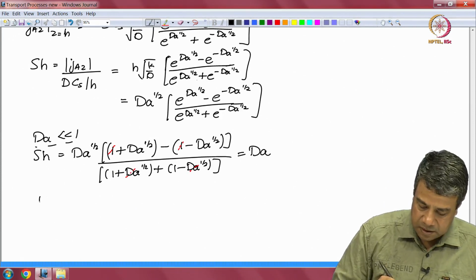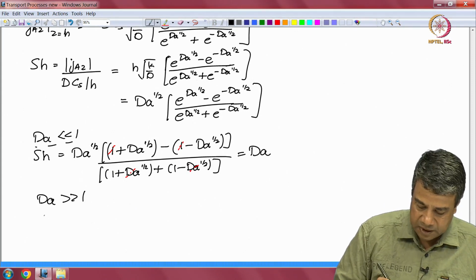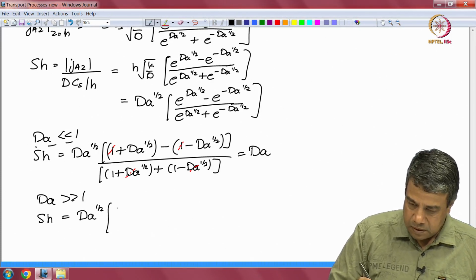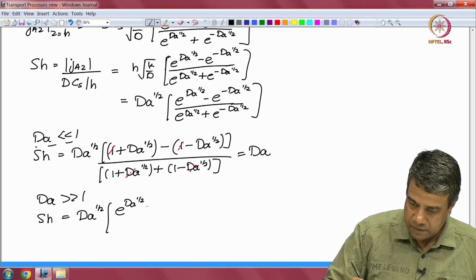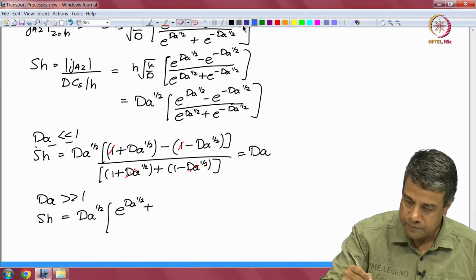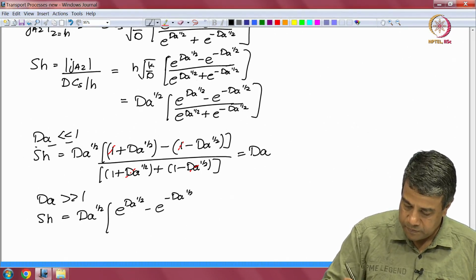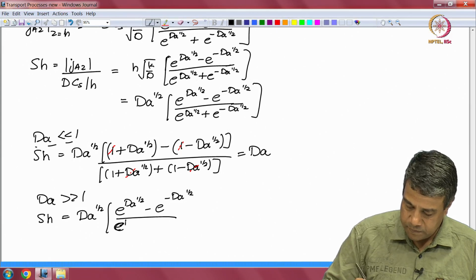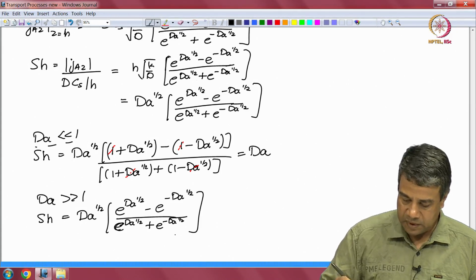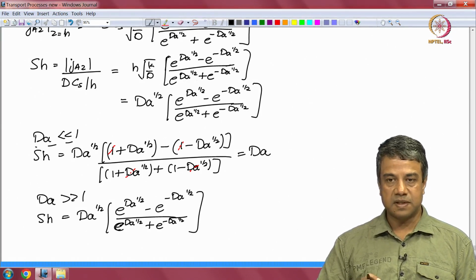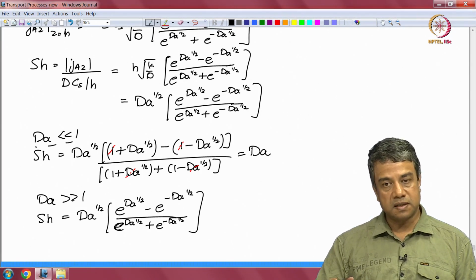Consider the opposite limit where dA is much greater than 1. The Sherwood number is equal to dA power half into e power dA power half plus... When you have an exponential of a large argument, e power minus x is much smaller than e power plus x, because e power plus x goes to infinity, and e power minus x is 1 over e power x.